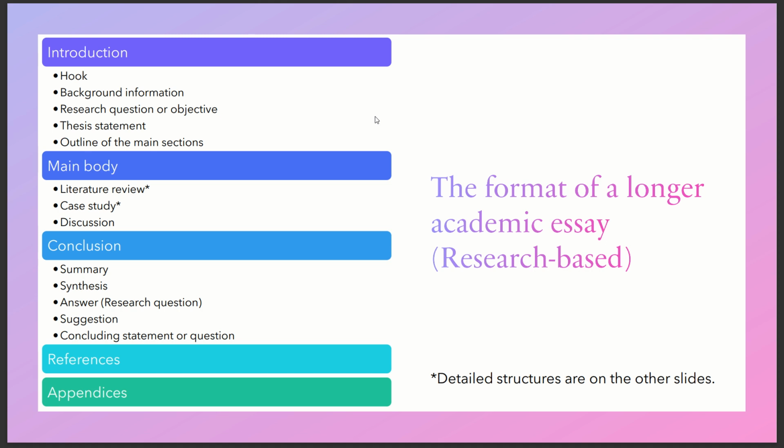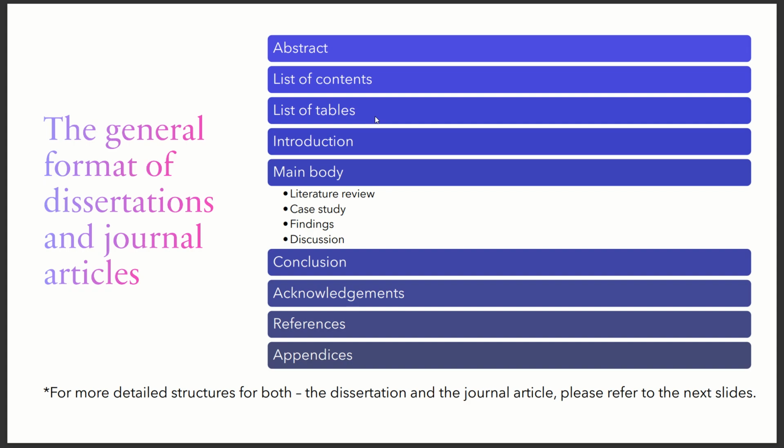You can give a suggestion to the people who read it. And you can also have a concluding statement or a question. And you can also have references, of course, in which you just write the list of the sources you've used. And you will also have an appendices part in which you write additional information that you could not fit in your paper.